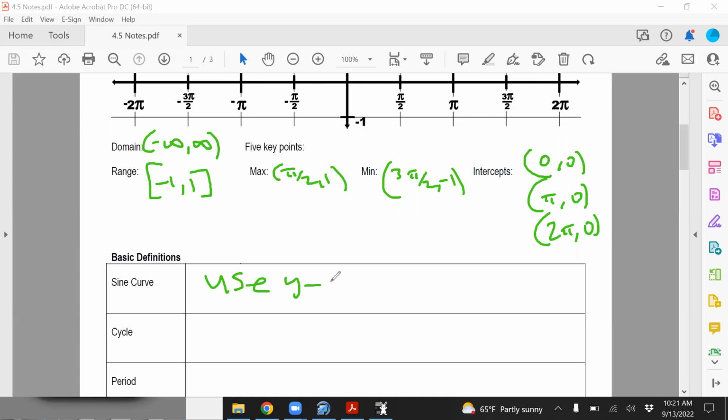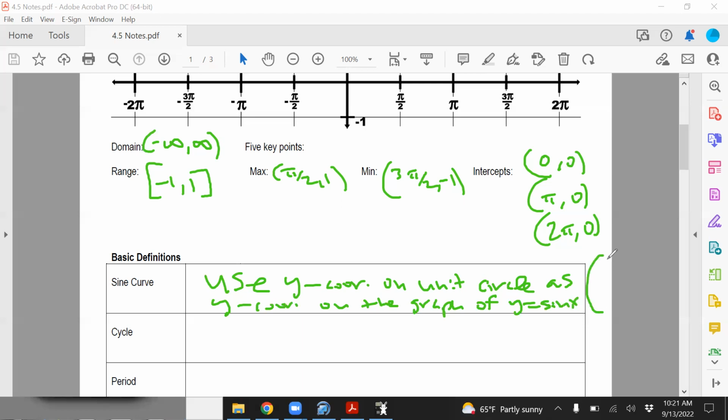So you want to use the y coordinates on the unit circle on the graph y equals sine x.